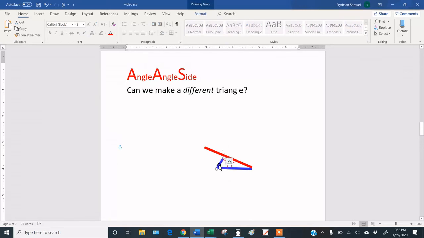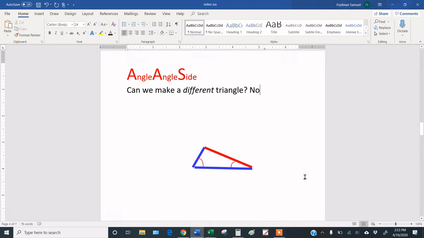So really, the only triangle that I am allowed to make is the original triangle that I started with, which looked like this. Okay, I cannot make any other triangles that satisfy these angle side conditions. So the answer for this one is again going to be no, we cannot make a different triangle given AAS conditions.